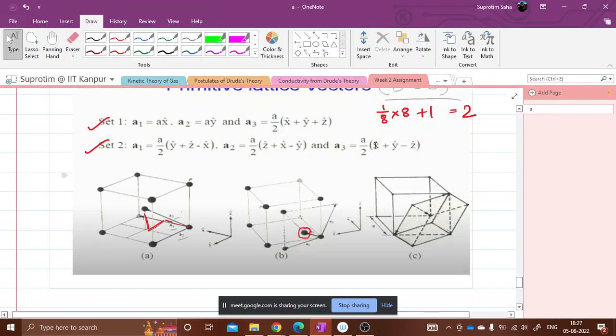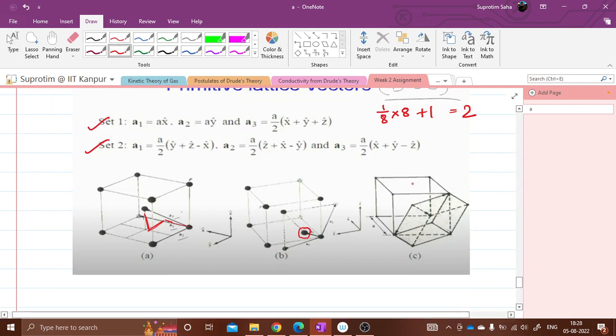So A1 is like half of this, half of this, and half of this part. So there is a minus x cap. So this is A1, and this is A2, and this is A3.